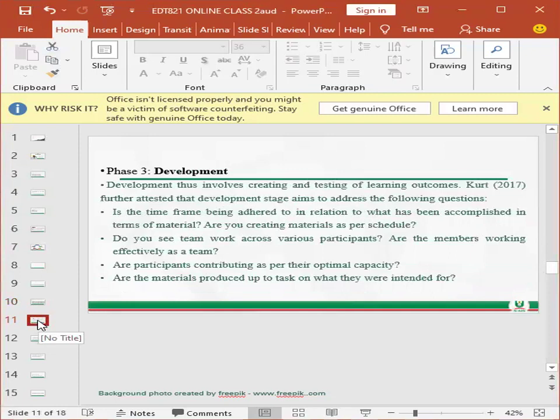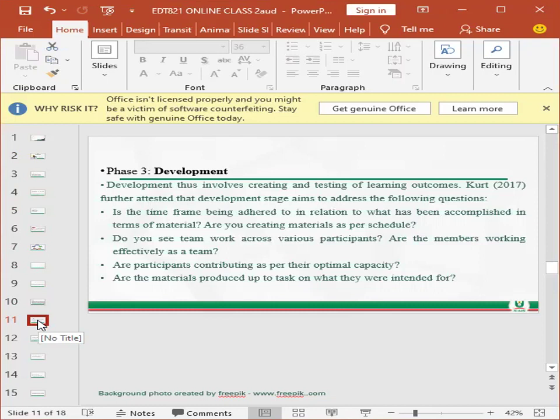So also the third phase, which is development phase. So the development does involve creating and testing of learning outcomes. So CON 2017 further attested that development stage aims to address the following questions. One is the time frame being addressed in relation to what has been accomplished in terms of material. Are you creating materials as per schedule?